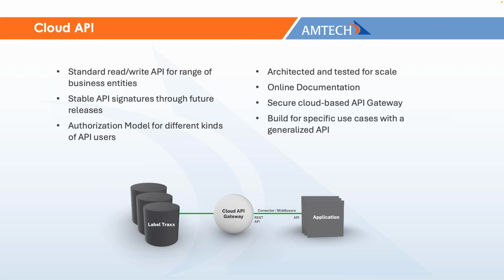It's architected and tested for scale. We have online documentation, which I mentioned before, and it provides a more secure way to connect to your Label Traxx instance from the outside, because the connection is through a gateway, so that the requester is never actually inside of your network.